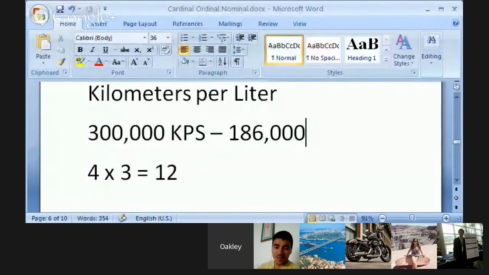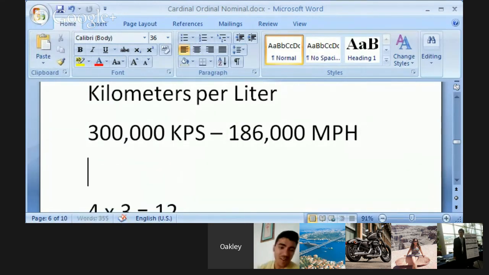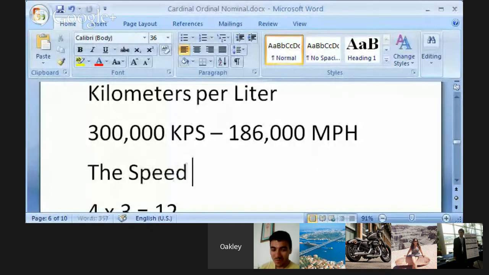In the US, they don't use kilometers. No, we would say it like this. These are approximately the same. 300,000 kilometers per what? Second? Per second. Well, okay, that's the speed of light. Right.